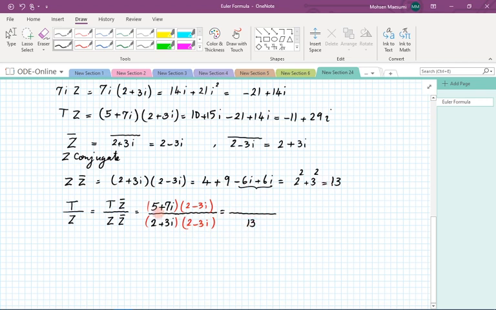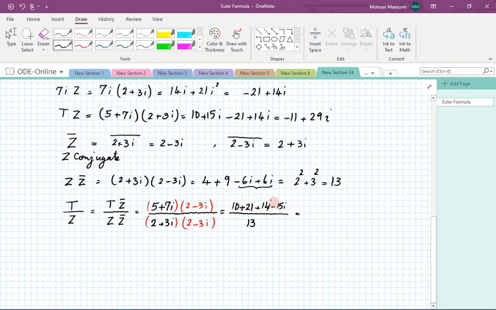Now I have to go and actually multiply the numerator. 5 times 2, and that is 10. Let's collect all the reals. 7 times minus 3 is minus 21, but then times i squared becomes plus 21. Then I have 14i, then minus 15i.